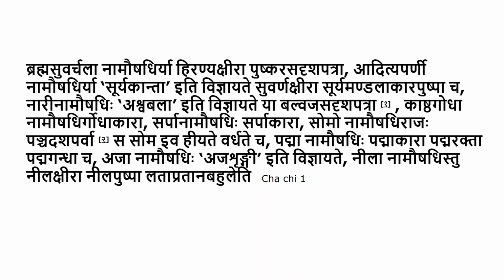Like Charaka Samhita mentions in its descriptions, Brahmaswarchala Nama Aushadhi, Hiranyakshira, Pushkara Sadasha: a plant which has a golden yellow colored latex and a leaf which looks like that of the lotus is called Brahmaswarchala. Or the name also could be based upon other characters.